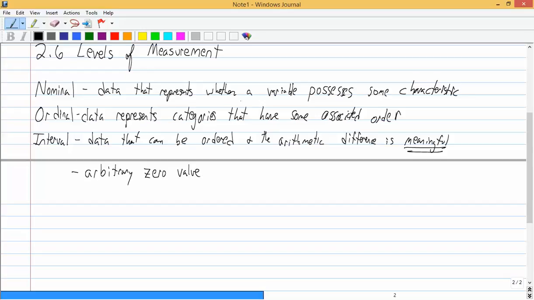It can't be. All right, so with the interval set of data, we do not have that starting point of 0. You can go below 0. Okay?